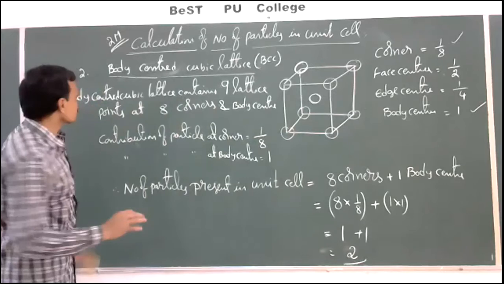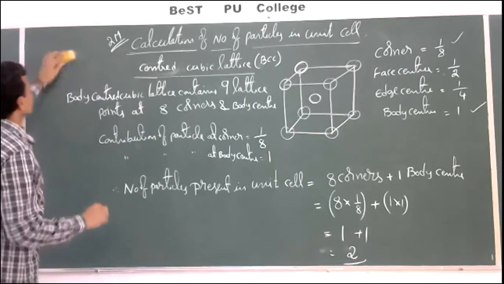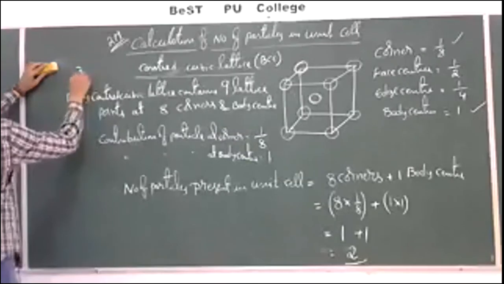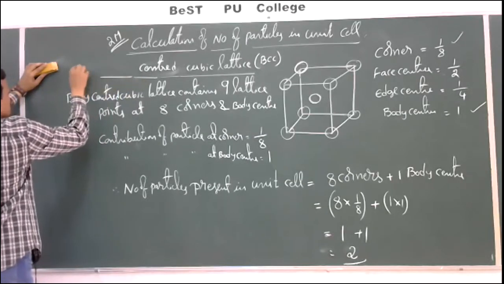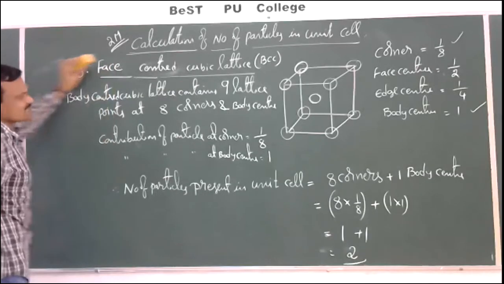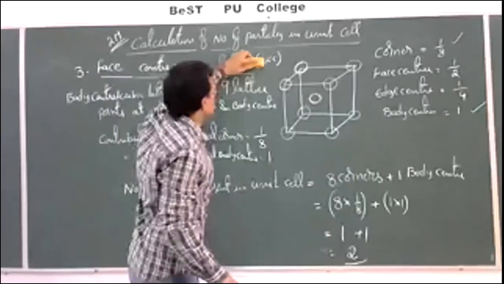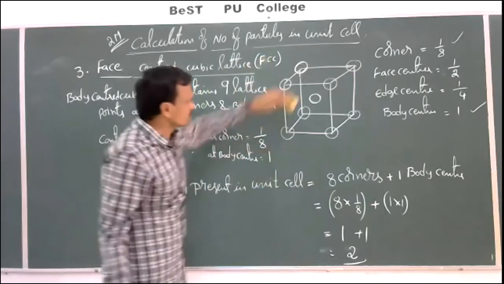Next, we'll go for the third one, nothing but face centered cubic lattice. The symbol we use is FCC.